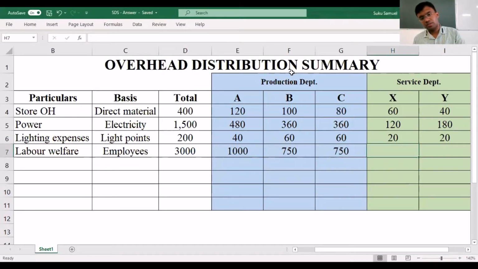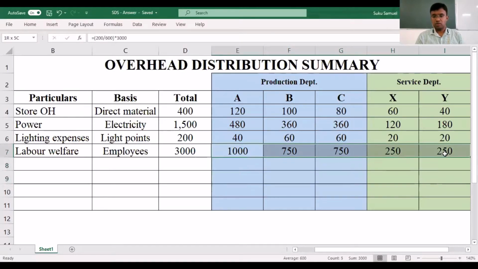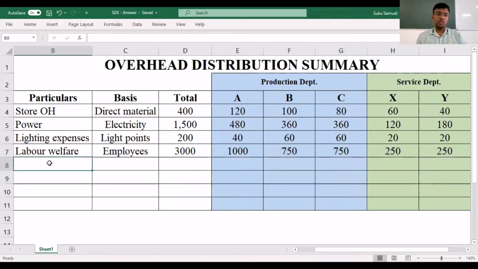So 1,000, 750, and let's look at the last two, which are 50 and 50. 50 divided by 600 into 3,000 is 250, and then 250. Adding all this together, it works out to be 3,000. So this is about labor welfare.